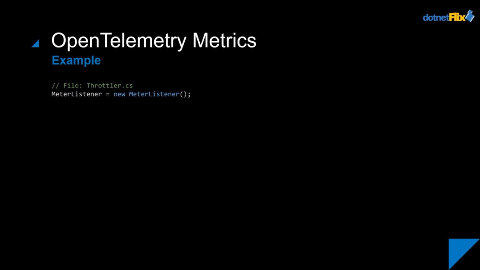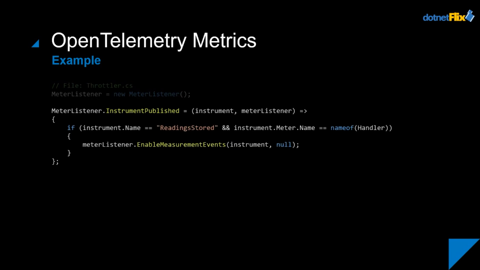Then for the listening part, there is a type called the meter listener, which you can initialize. There are a couple of things you have to set up before you can actually start listening to the measurements that you are making. The first thing you have to do is add a callback method, on instrument published, on the meter listener, in which you listen for instruments to be made.